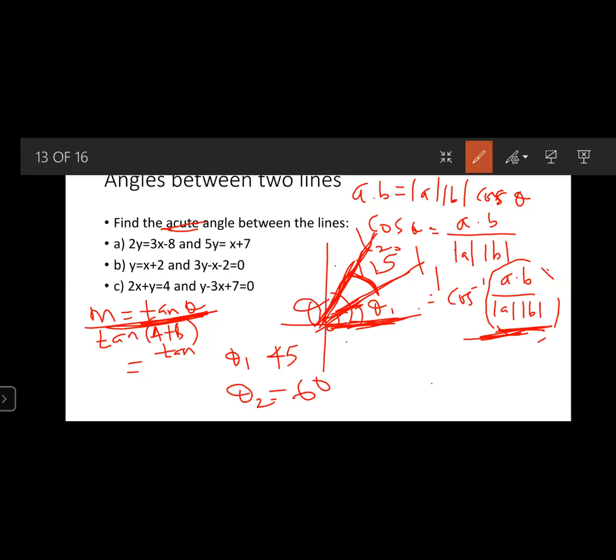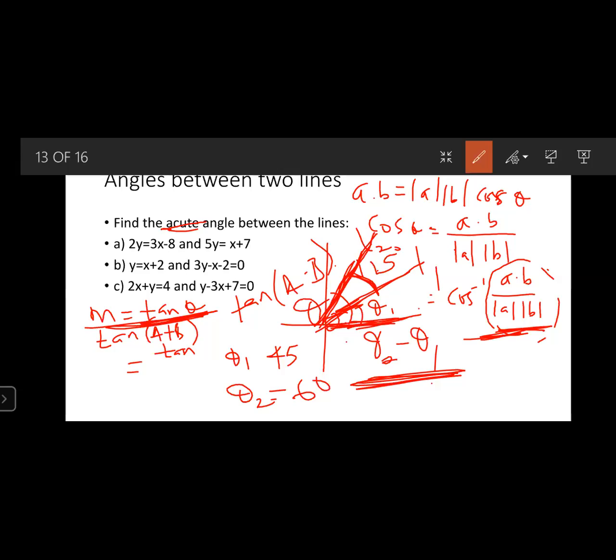So indirectly, what you have done is theta 2 minus theta 1. So we need to find an expression for theta 2 minus theta 1. To find it, we have to use the concept of tan A minus B, because we are not adding the angles together, we are subtracting.